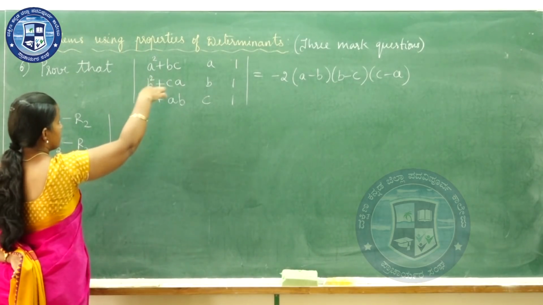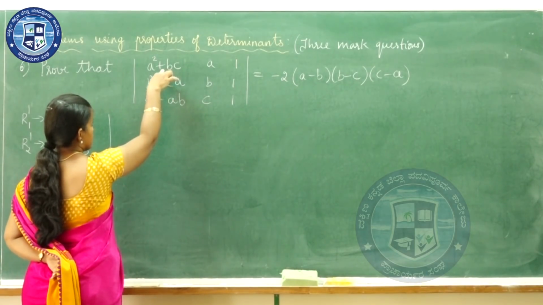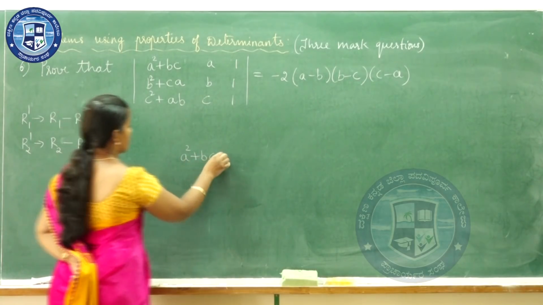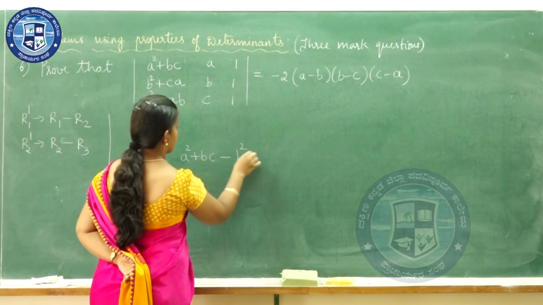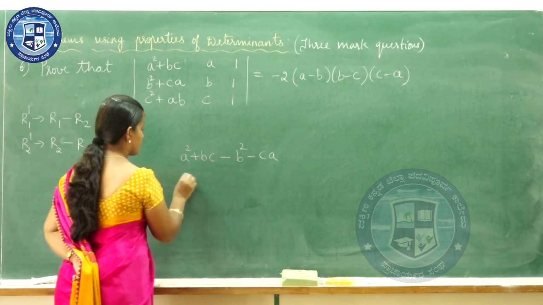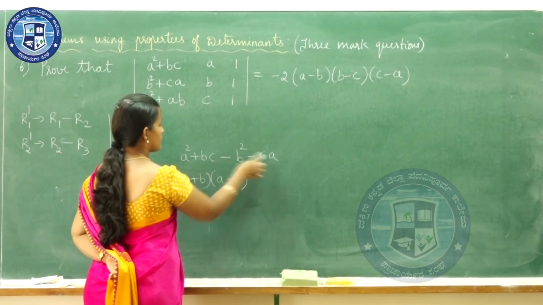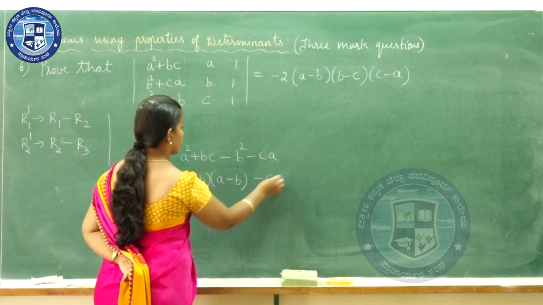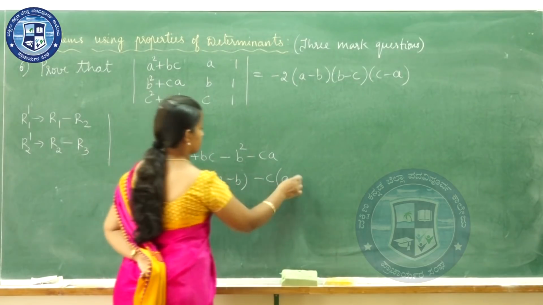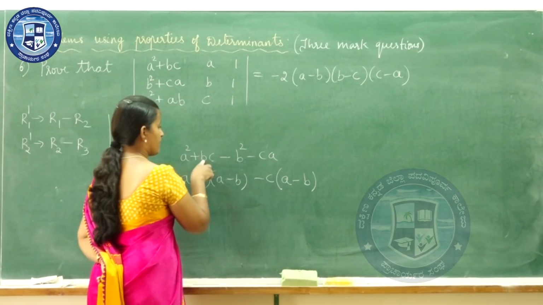So R1 minus R2. Here for the first term you have A square plus BC minus B square minus CA. So what will happen here? A square minus B square can be written as A plus B into A minus B. Among these two terms, take out the minus C, you will get A minus B. See, when you multiply, you should get back the same thing.